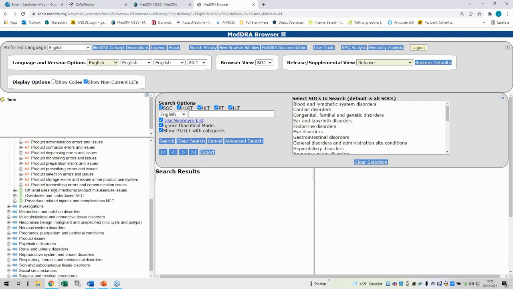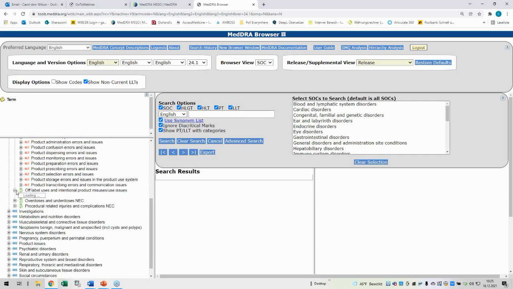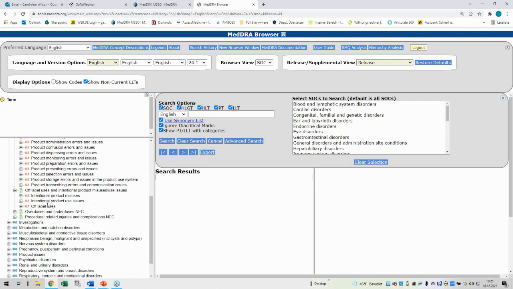And then we have separate HLGTs, one for the off-label uses and intentional product misuses and use issues. If I open it, you see that off-label uses has a separate HLT, also the intentional product use issues and the intentional product misuses. Misuse meaning intentional deviation for therapeutic purposes in the context of therapeutic use of the product.